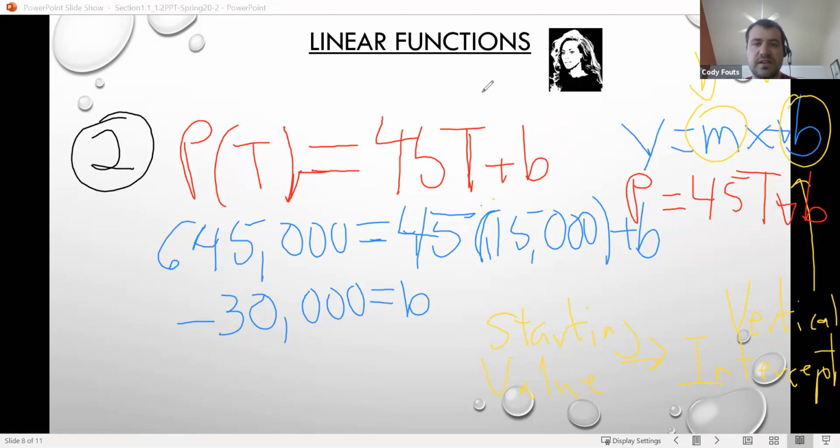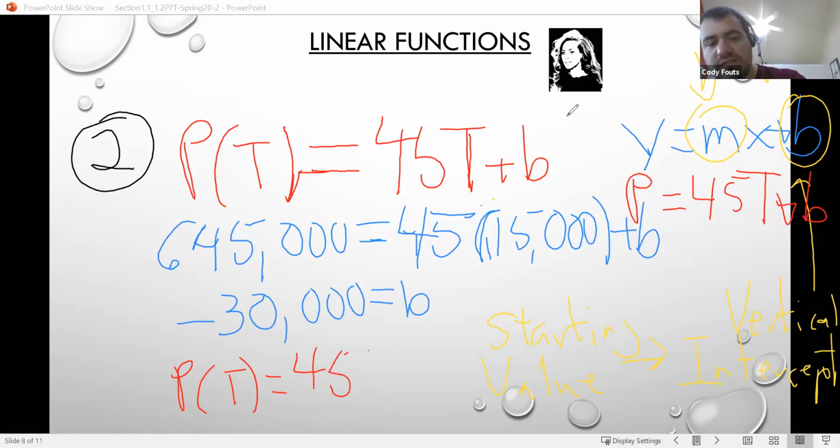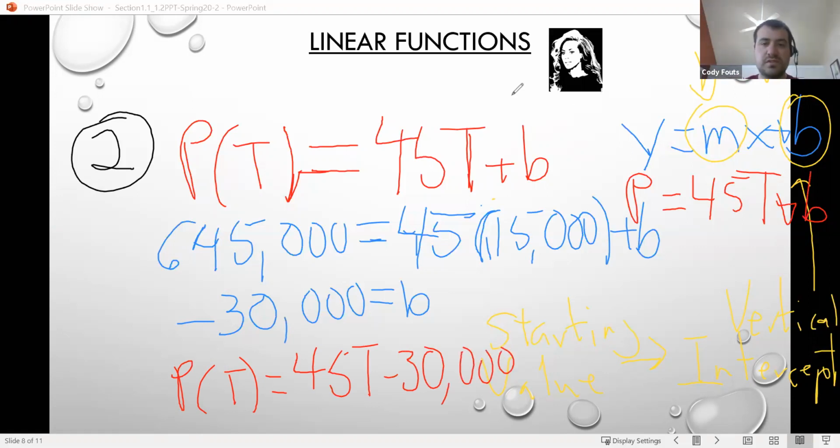So it looks like if we use that value now, then our formula ends up looking like P of T equals 45T minus 30,000. Okay, and that would be our formula there.